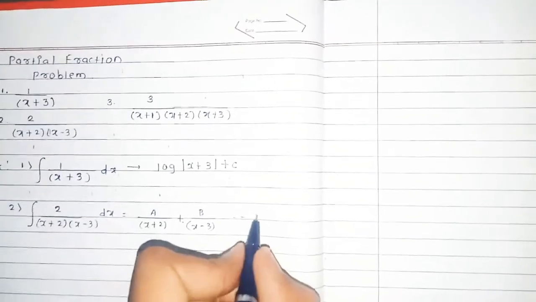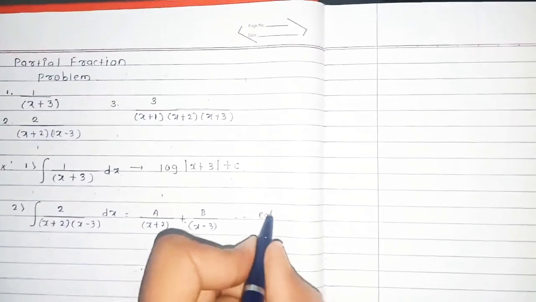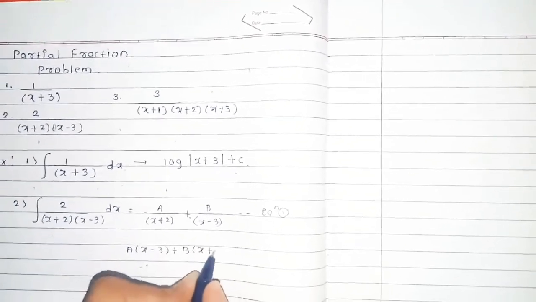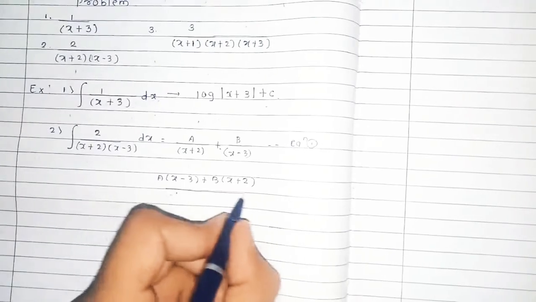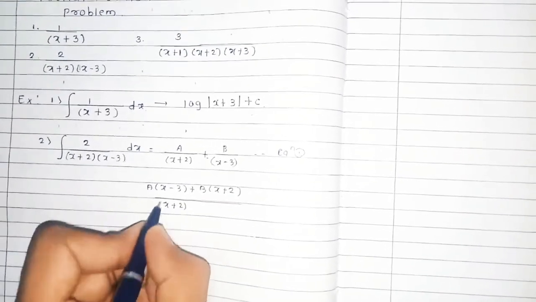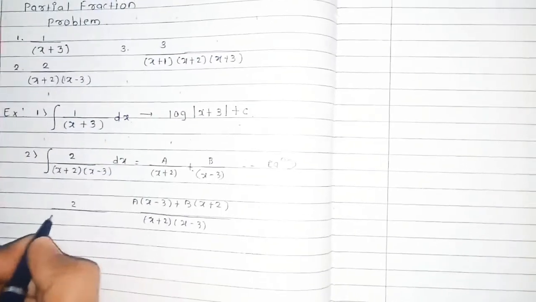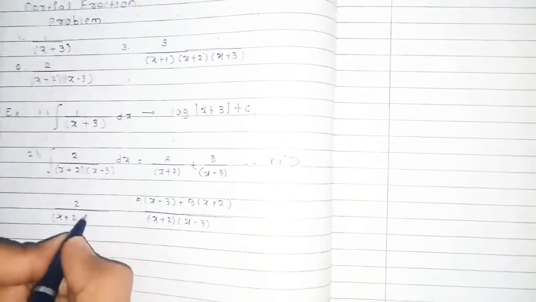This is equation number 1. Rearranging the equation, a times (x minus 3) plus b times (x plus 2), over (x plus 2)(x minus 3), equals 2 upon (x plus 2)(x minus 3).